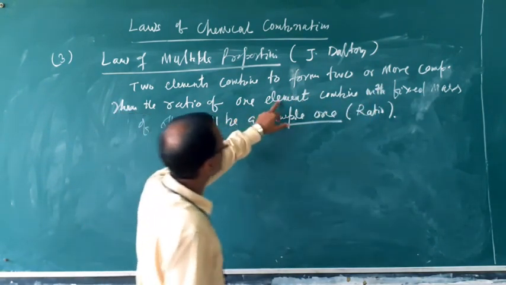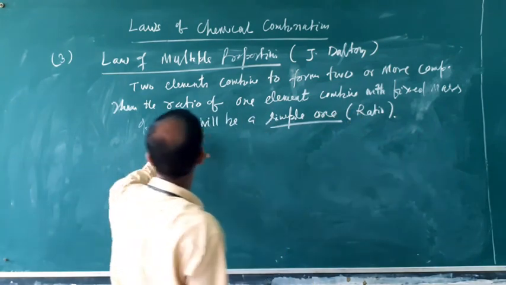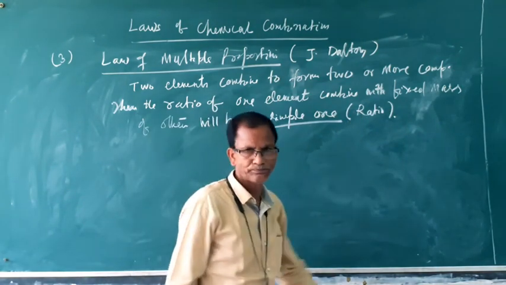Then the ratio of one element combined with the fixed mass of the other will be a simple one, meaning a simple ratio. Read again: if two elements combine to form two or more compounds, then the ratio of one element combined with the fixed mass of the other will be a simple one.